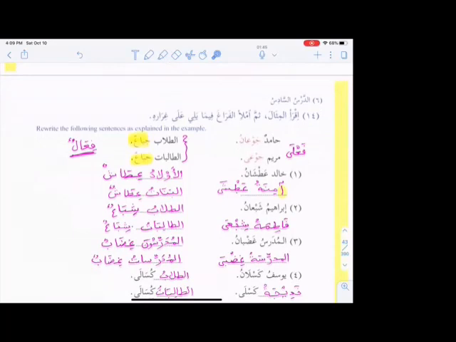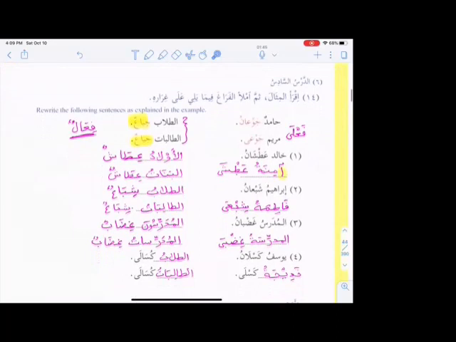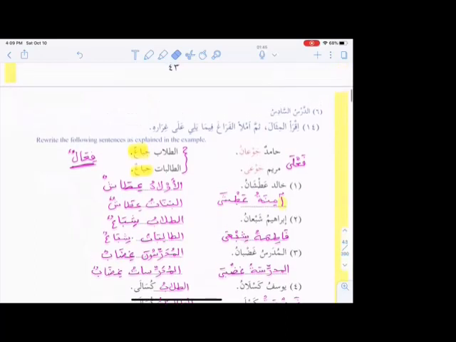Shab'a At-Talibatu Shiba'un. Al-Mudarisu Gadbanu Al-Mudarisuna Gidabun Al-Mudarisatu Gidba, I'm sorry, Gidba. Correct, Gidba? No, I'm sorry, Gidba. I beg your pardon. Why did I make an error, my brother?